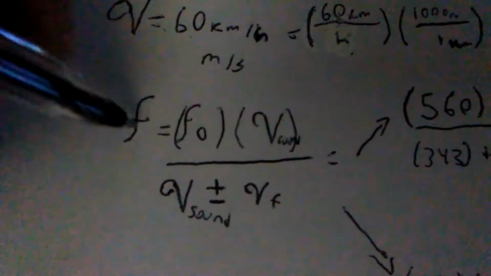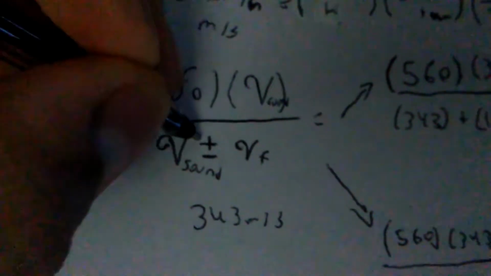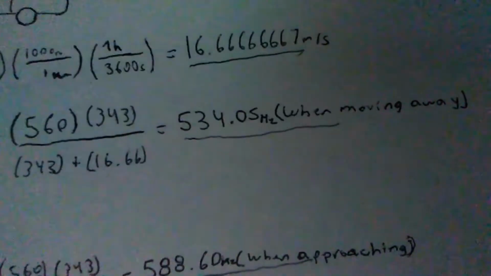And then we have to use this formula, knowing that the average speed of sound in air is 343 meters per second, and just change the sign to positive or negative whenever the car is approaching or moving away from you. So with that, we can conclude that you'll hear a frequency of 558.60 Hz when approaching and 534.05 Hz when moving away.